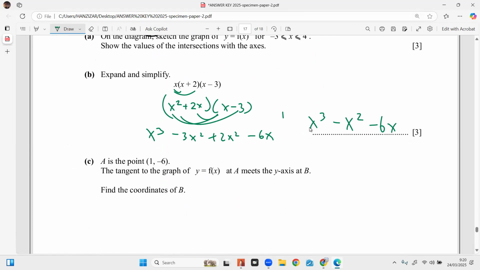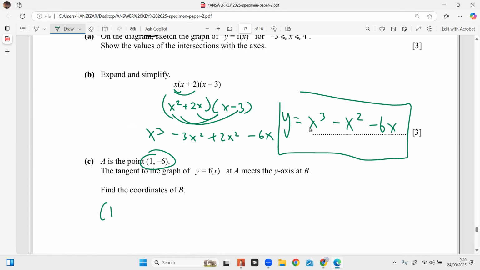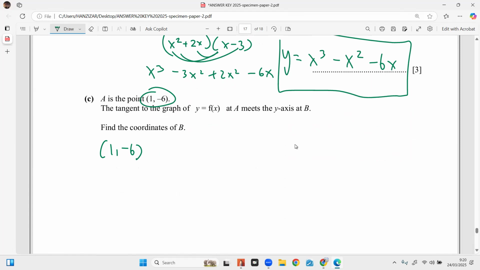Now, A is the point 1, comma, -6. And guys, the tangent to the graph, so y equals x cubed minus x squared minus 6x.